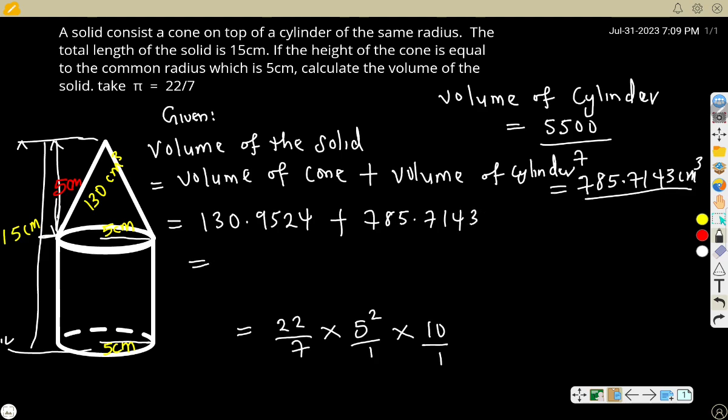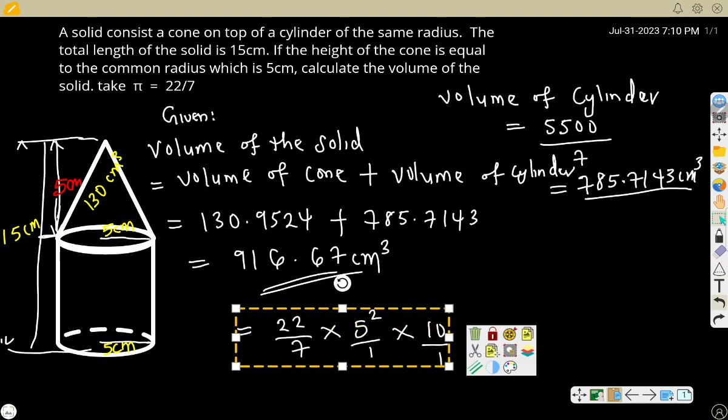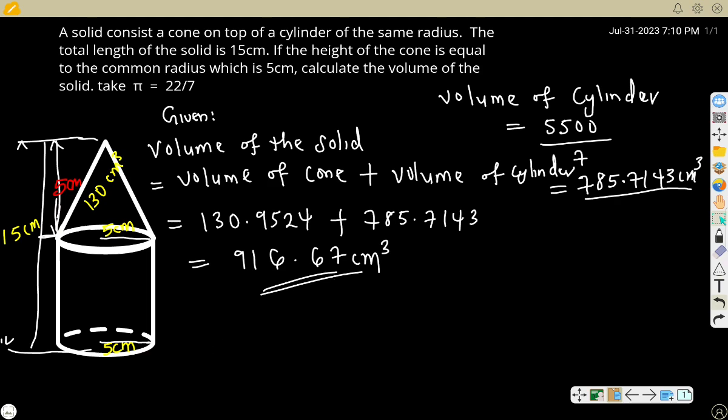So the total volume, that is the volume of the solid, will be 130.9524 plus 785.7143. That is 916.67 centimeter cube. So that is the final answer, the volume of the solid. So we have solved the question.